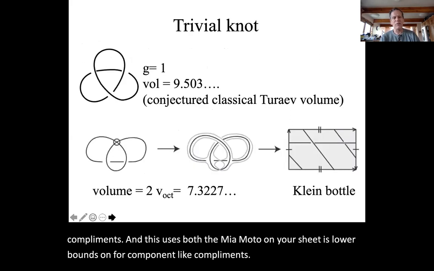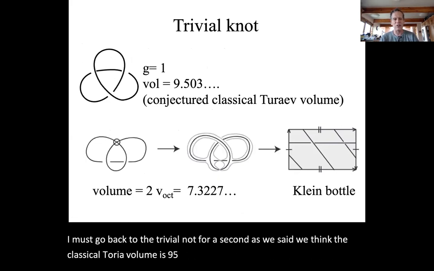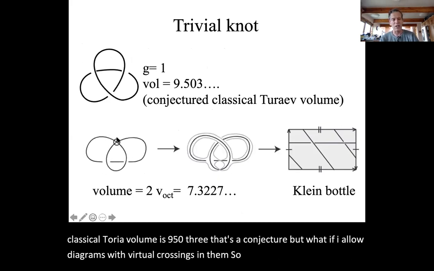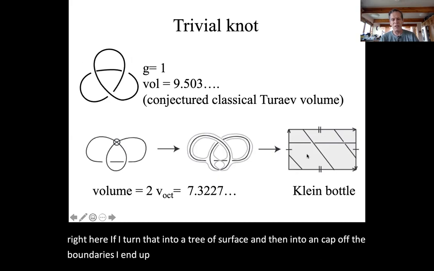Let's go back to the trivial knot for a second. As we said, we think the classical Turaev volume is 9.503. That's a conjecture. But what if I allow diagrams with virtual crossings in them? So for instance, this diagram right here, if I turn that into a Turaev surface and then cap off the boundaries, I end up getting a link complement in the Klein bottle.